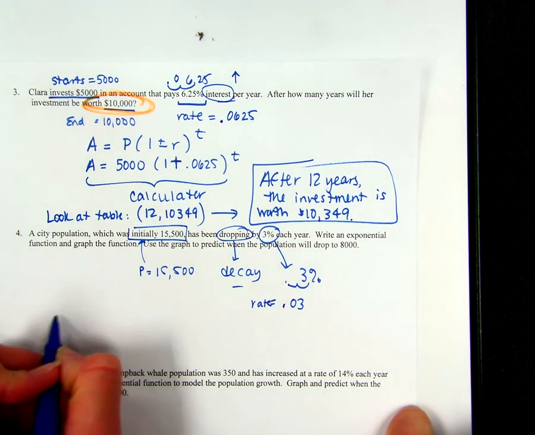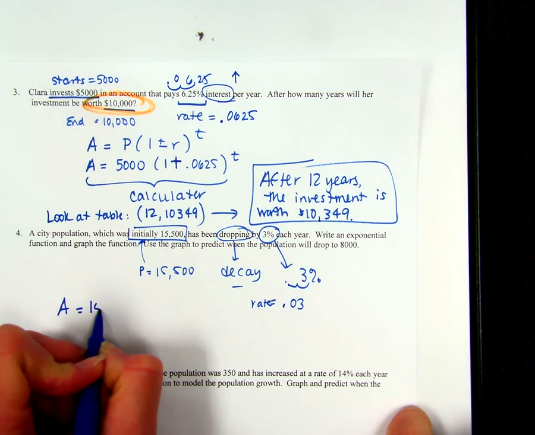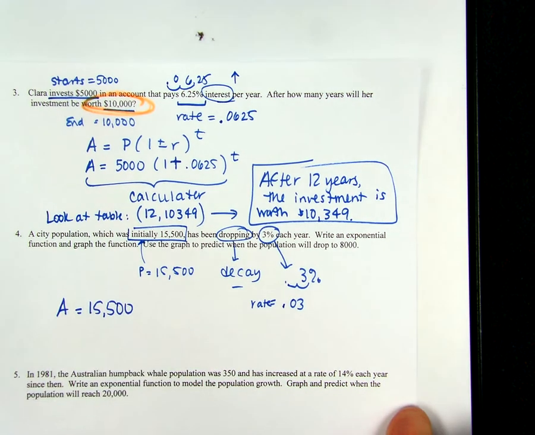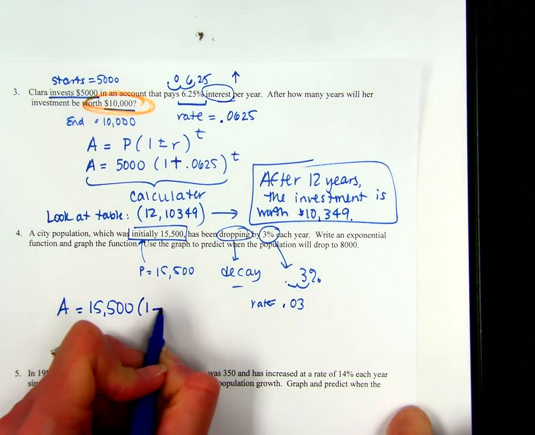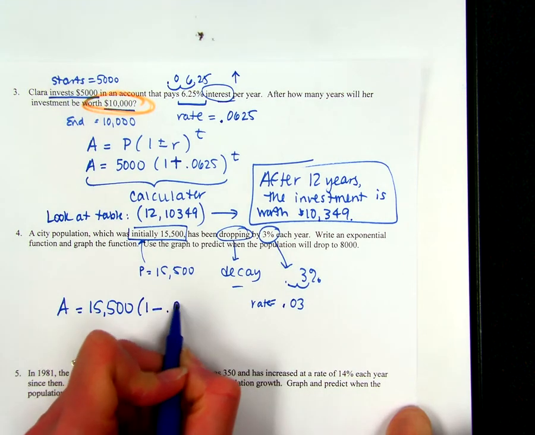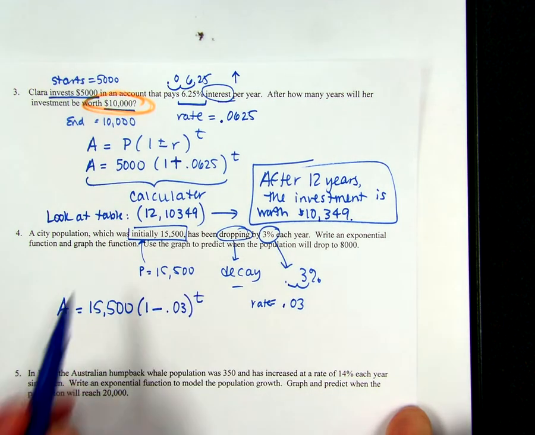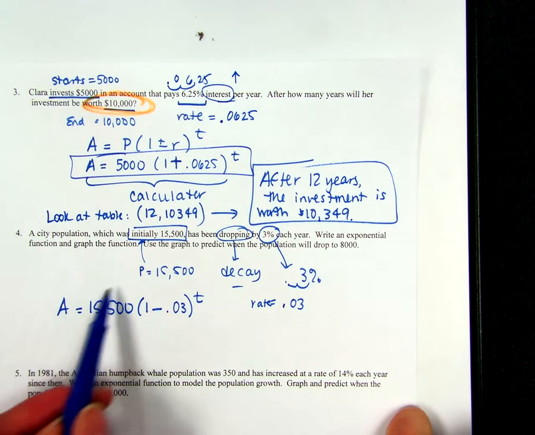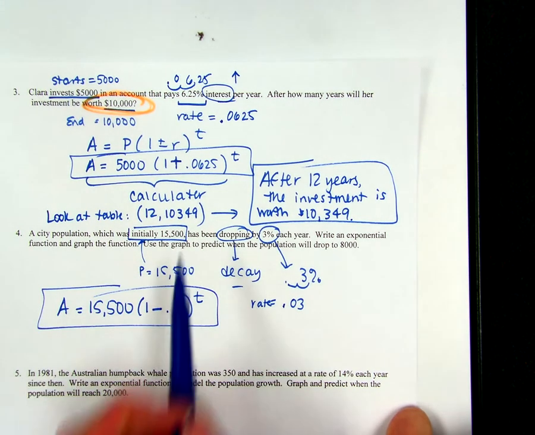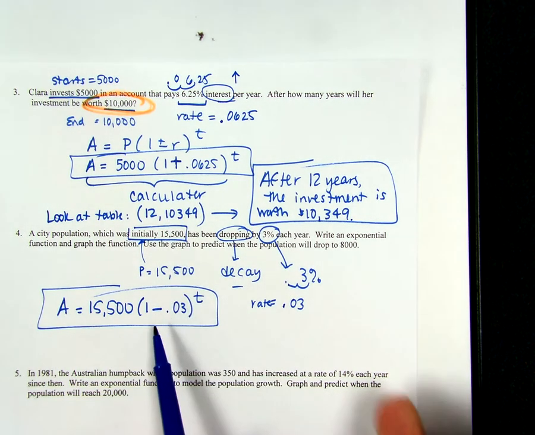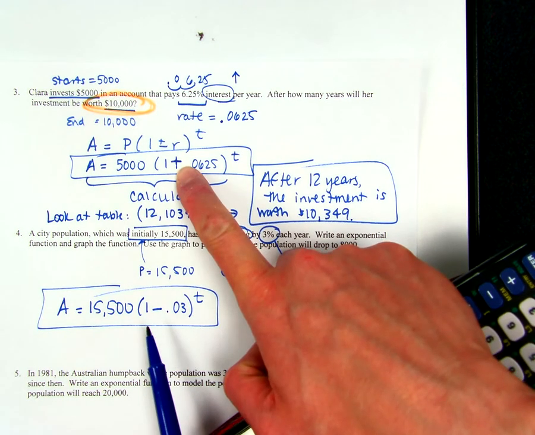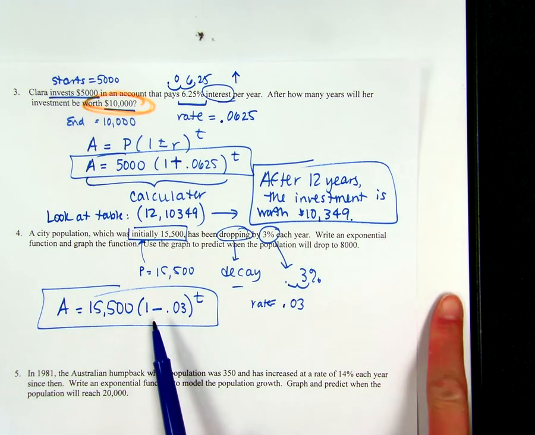Okay, so write an exponential function. So we got A equals my starting amount, 15,500, 1 minus 0.03 to the t. So that was my equation in the first problem. Here's my equation in the second problem. The only difference, really, besides the numbers being different, is this is positive, this one's negative because it's going down.